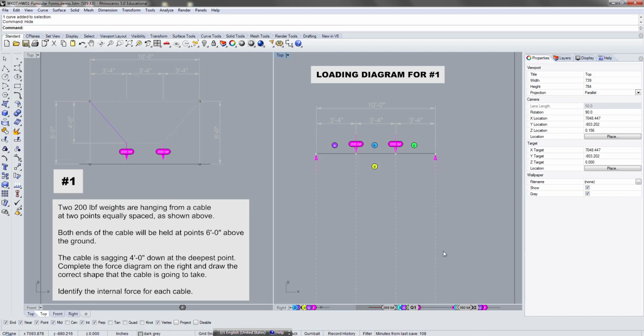So we're going to start drawing the force diagram by mapping all of the vertical forces on the loading diagram.